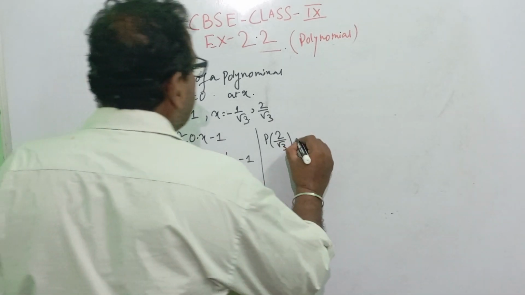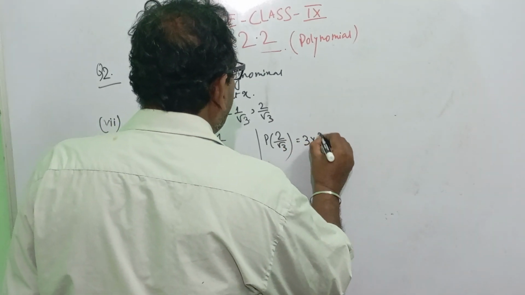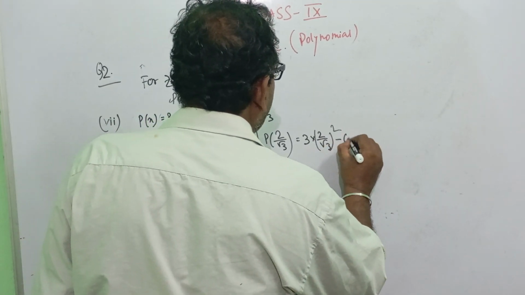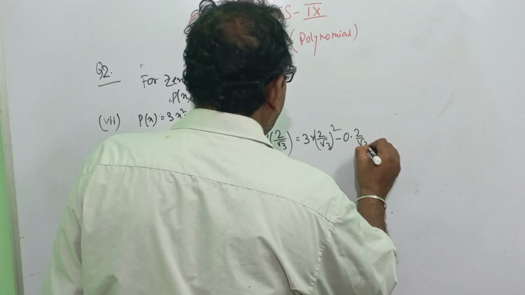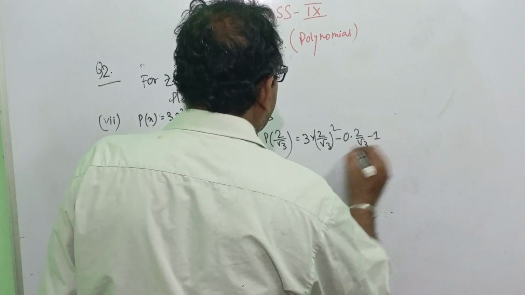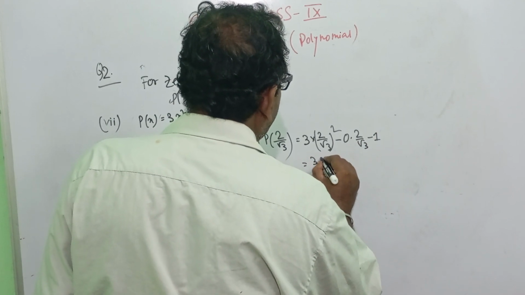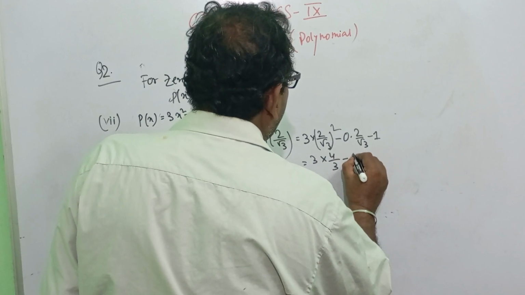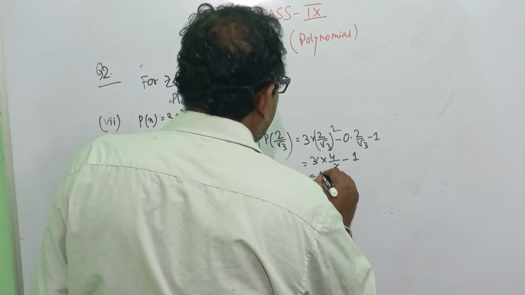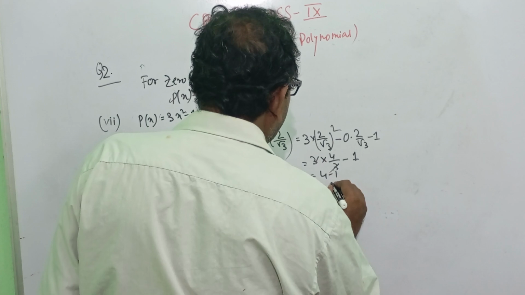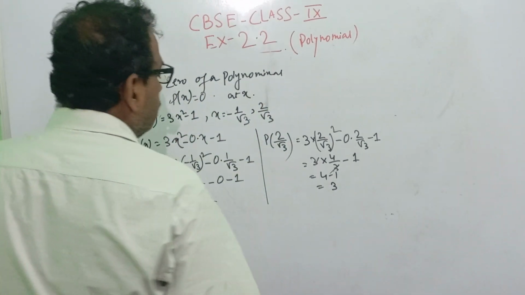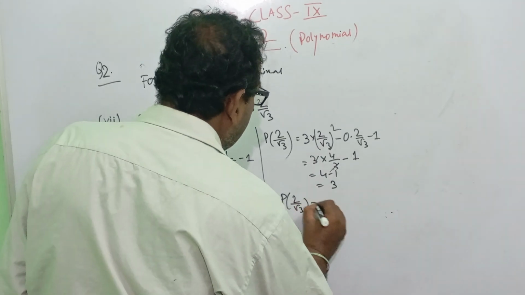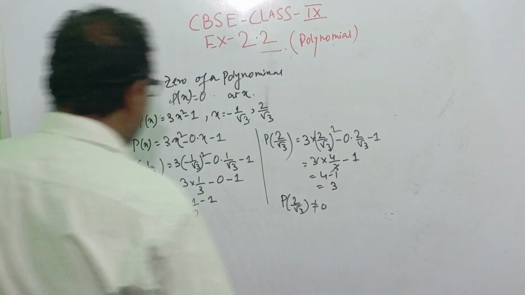If we put 3 into 2 by root 3 whole square minus 0 into 2 by root 3 minus 1, what happened? 3 into 4 by 3 minus 1. So that is 4 minus 1. That is 3. So p(2 by root 3) is not equal to 0.